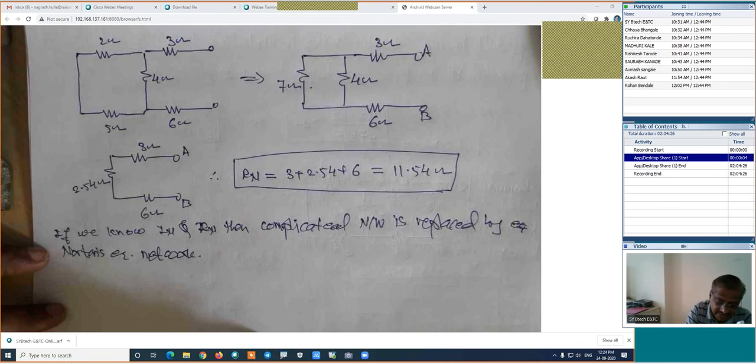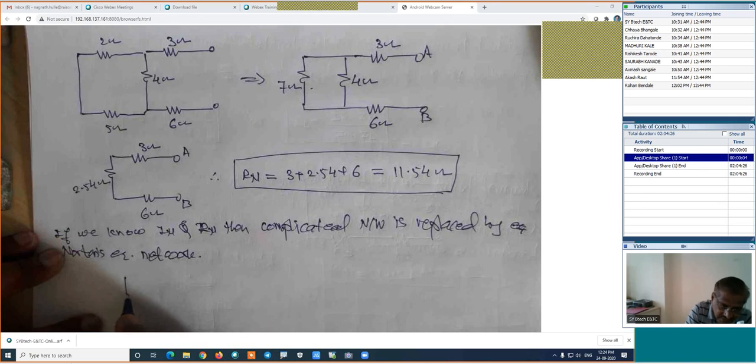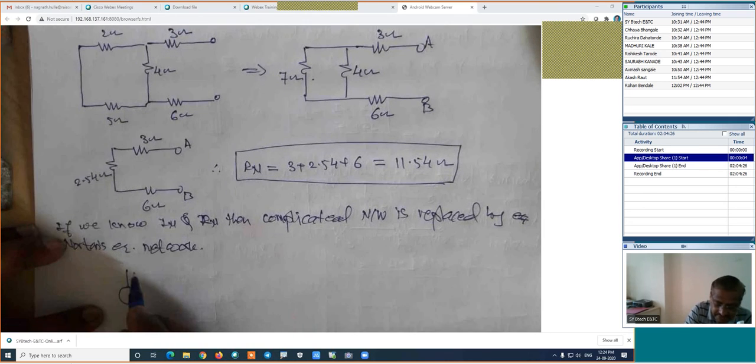And how will be the Norton's equivalent network? This is the Norton's equivalent network.